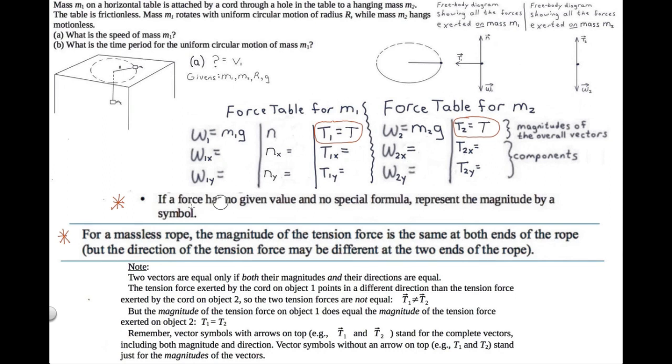Remember, when we make the standard assumption that the cord is massless, the magnitude of the tension force will be the same at both ends of the cord, so we can use the same symbol at both ends.